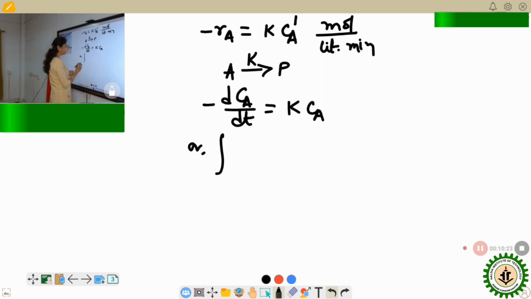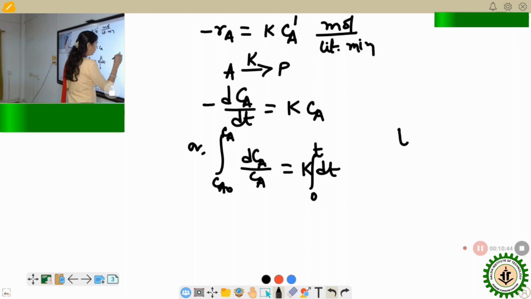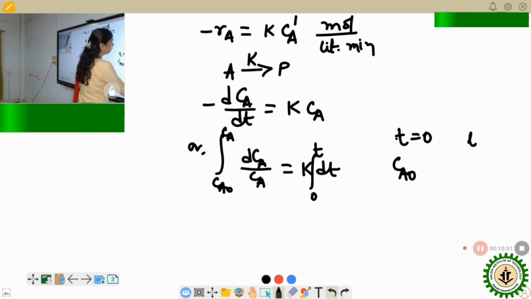Now we'll do the integration under the limit Ca0 to Ca, and it is dCa by Ca equals K dt, 0 to t. What does that mean? When t equals 0, concentration is Ca0. When t equals t, concentration is Ca.